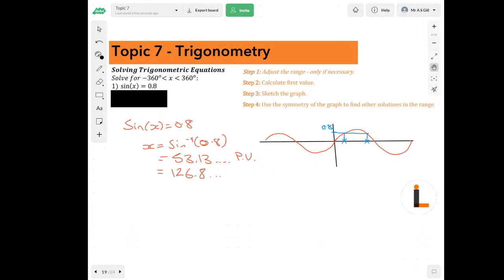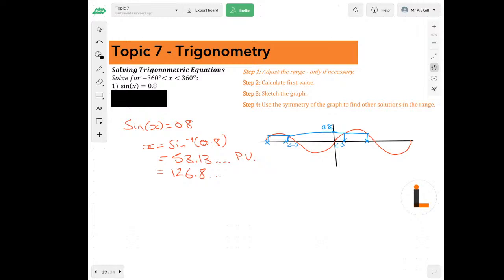So if we take this line back and we go down here, we've got another value here. Again, we're going to use this idea of symmetry and understand that the gap between 0 and 53 is going to be the same as the gap between these two points here.